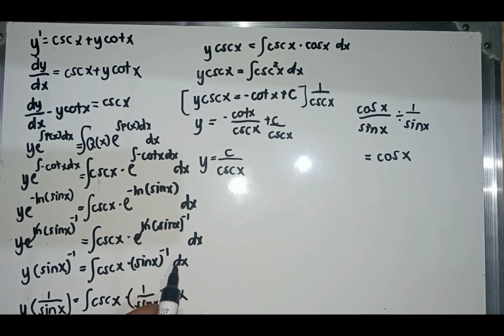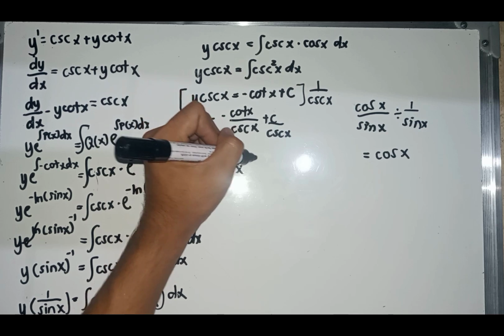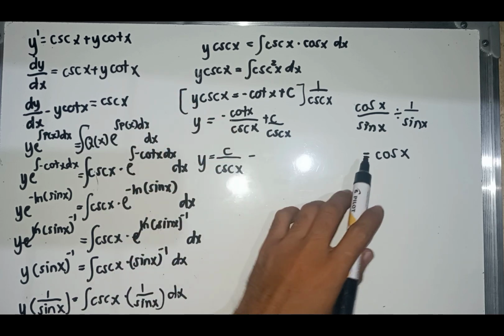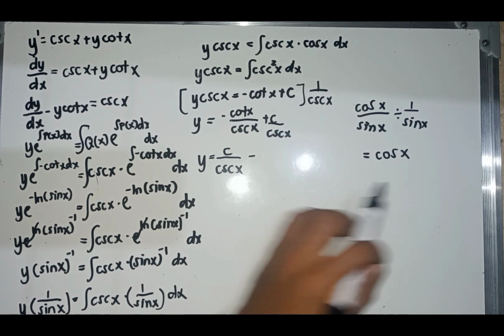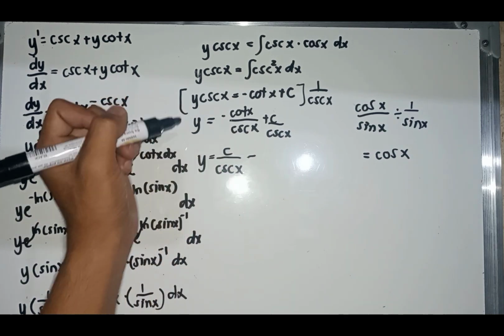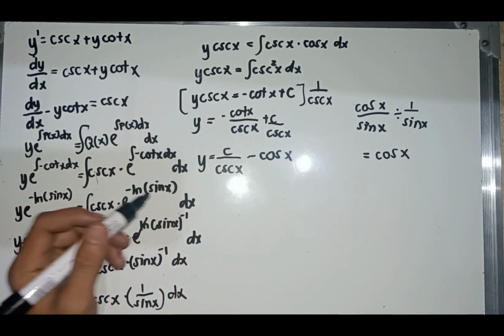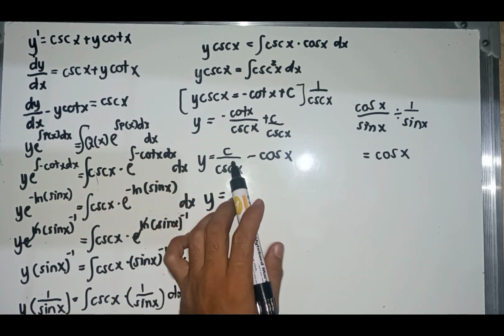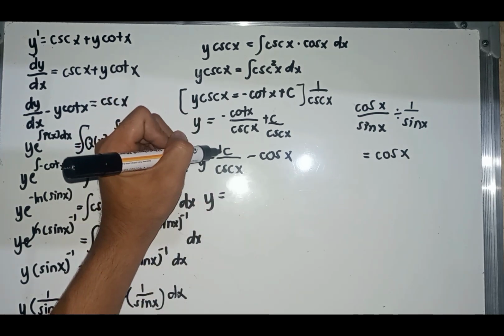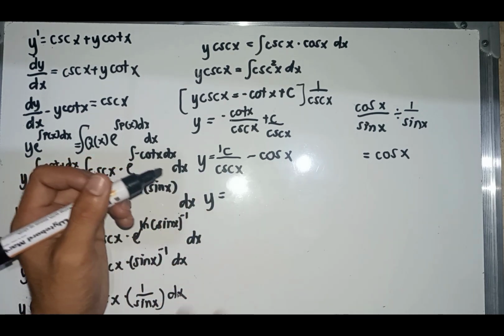Since this cancels, we have to subtract. We're left with cosine of x here, so this would be minus cosine of x. Next, we know there is an implied one here, so we can factor that out.